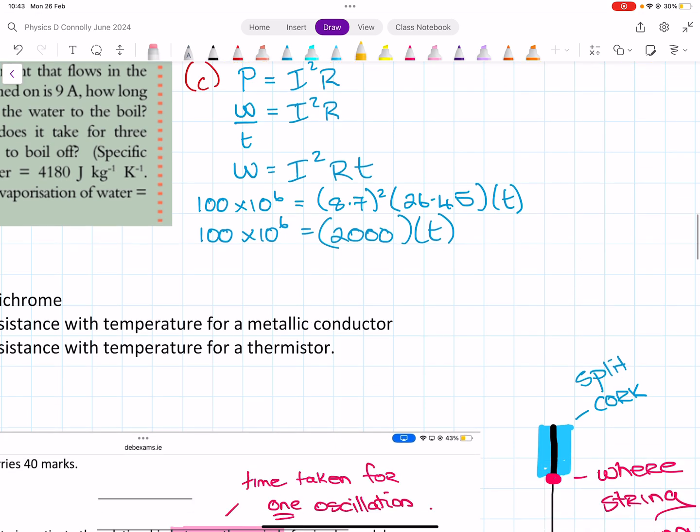Divide across by 2000. So 50,000 seconds.